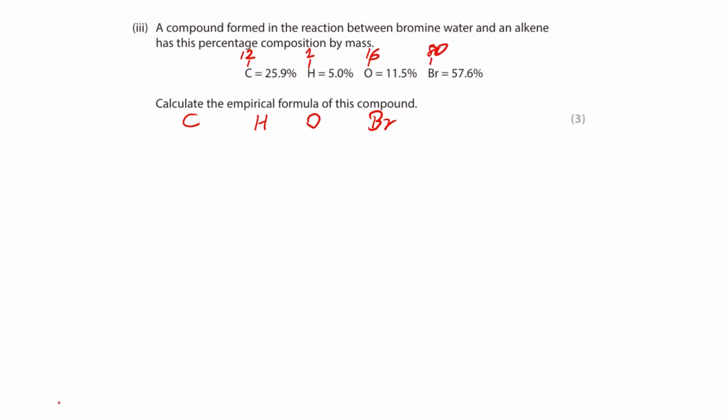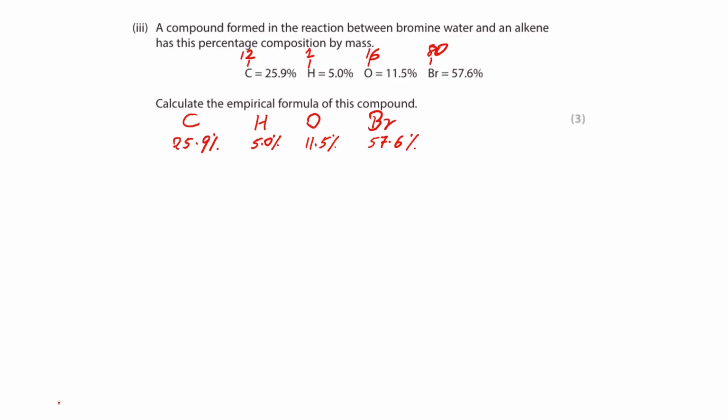You take their percentages. Carbon has 25.9%, hydrogen has 5%, oxygen has 11.5%, bromine has 57.6%.